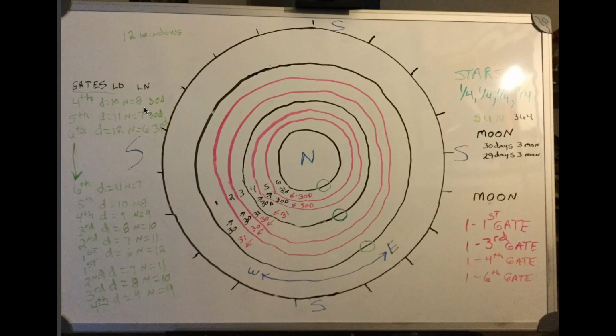Now the next thing I want to touch on is that Enoch breaks the days down into 18 different parts, not 24 like our clock. It took me a while to figure out why he would break it into 18 increments. Well, if you take 18 times 20, you get 360 degrees, or 360 degrees in a circle.